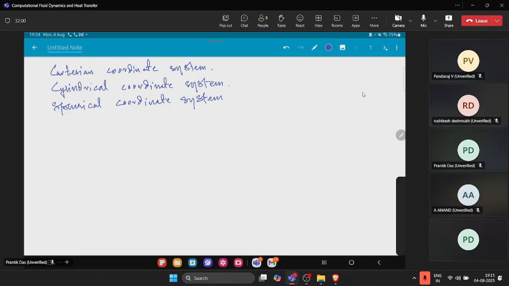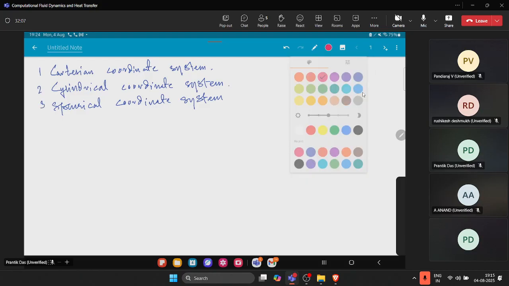So going to the Cartesian coordinate system, as we all know, this is one, this is two, this is three.